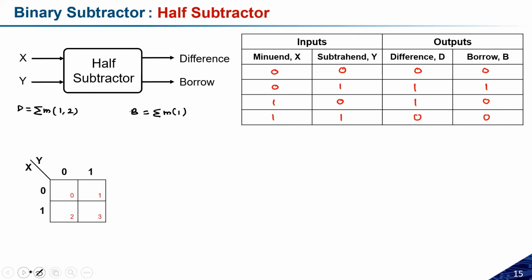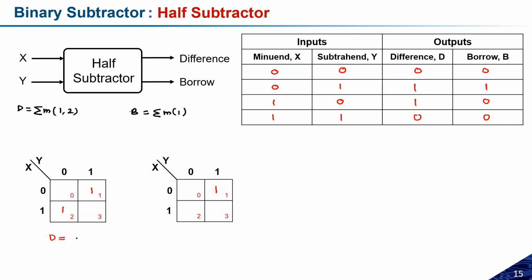Let us try to make the k-map of all these things. So the k-map will look like this. Suppose I want to make the k-map for difference, then 1 and 2 will be there, and we know that these 1 and 2 are diagonal, so directly this is the XOR. Okay, and if I talk about the borrow, the 1 is here, and if I try to write the expression, the difference is x XOR y, and the borrow is nothing but x bar y.